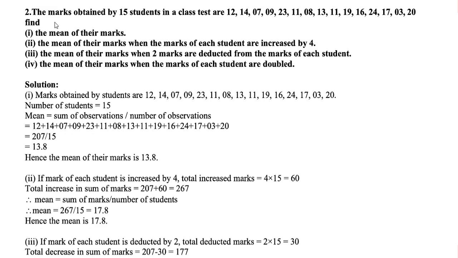See the next question. The marks obtained by 15 students in a class test are 12, 14, 7, 09, 23. So a lot of numbers are given there. So 15 students, so the number of observations, that is the number of students, is 15. We have to find the mean of their marks.